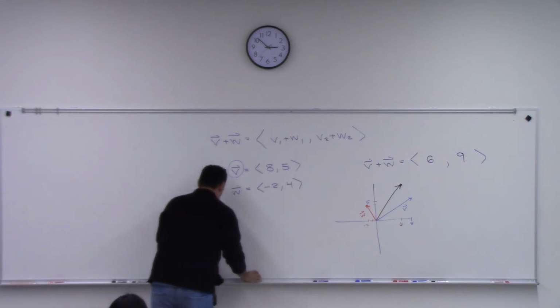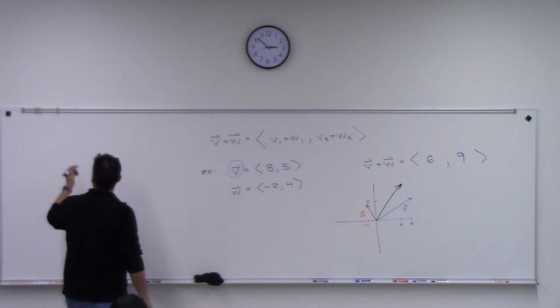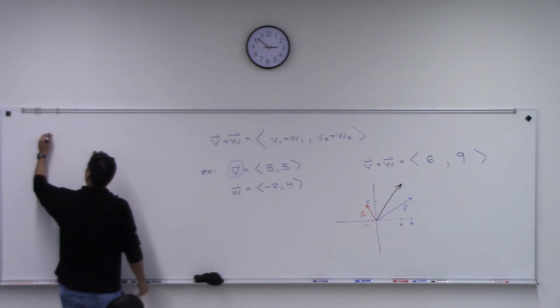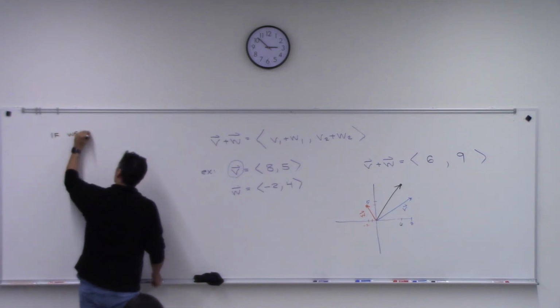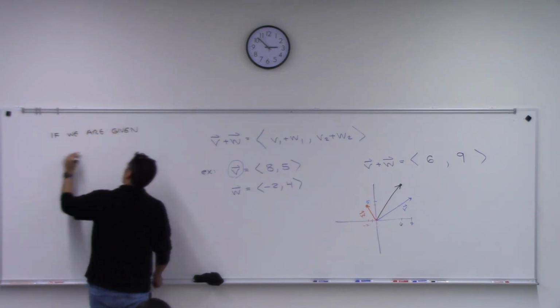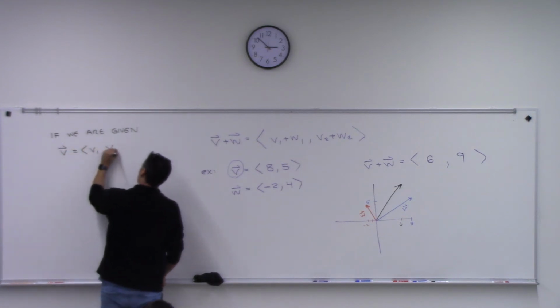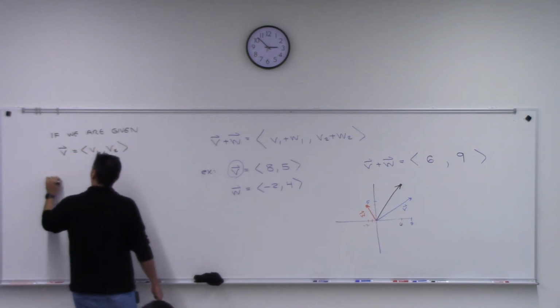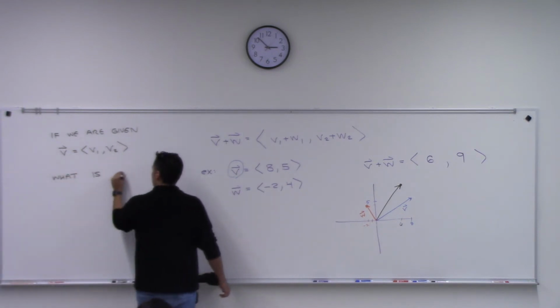All right, let me continue here. If we are given v equals v1, v2, what is negative v?